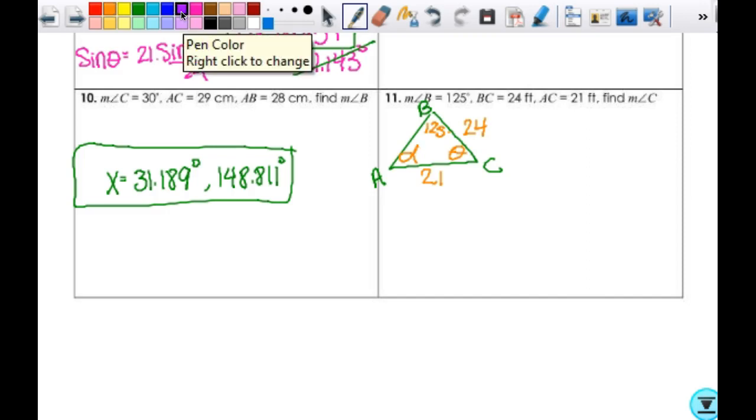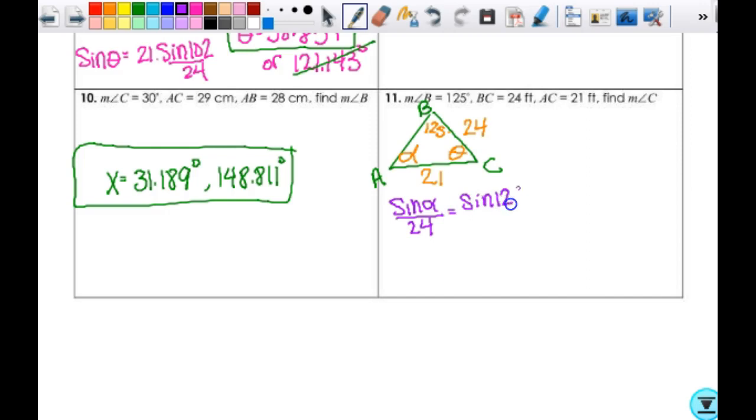So I'm going to have the sine of alpha over 24 is equal to the sine of 125 over 21. So that means that the sine of alpha is equal to 24 times the sine of 125 over 21. So I'm going to type that in, 24 times the sine of 125 divided by 21.